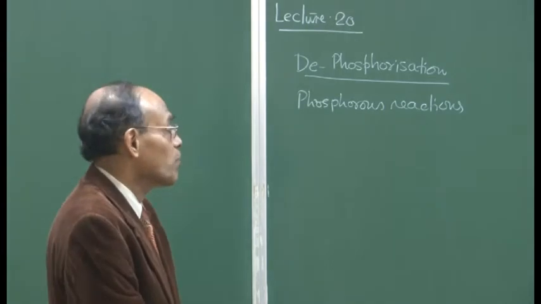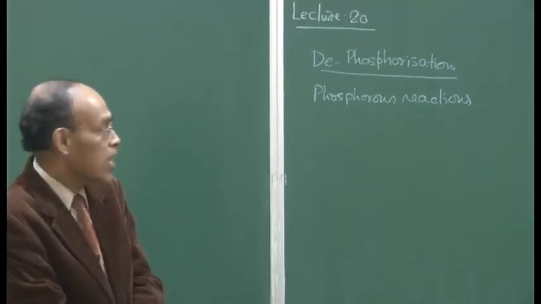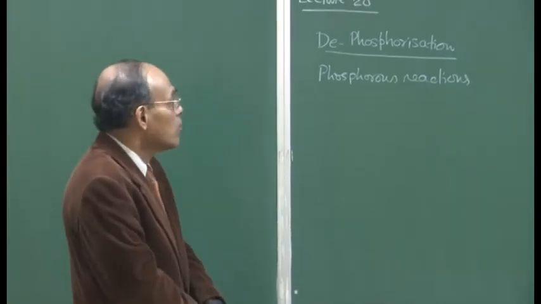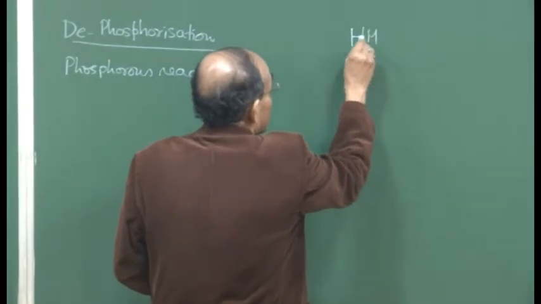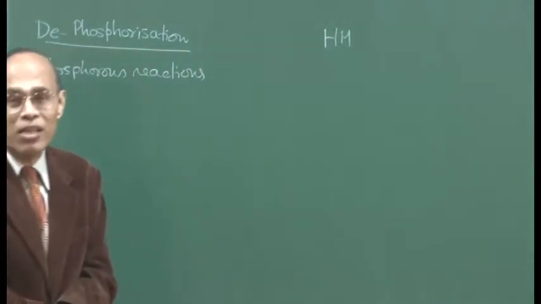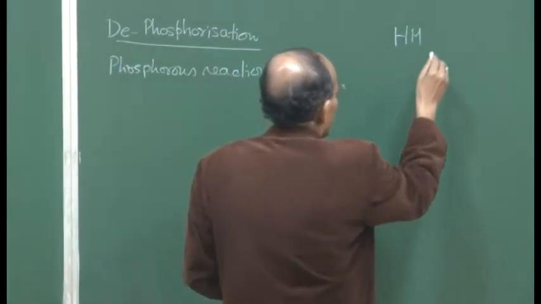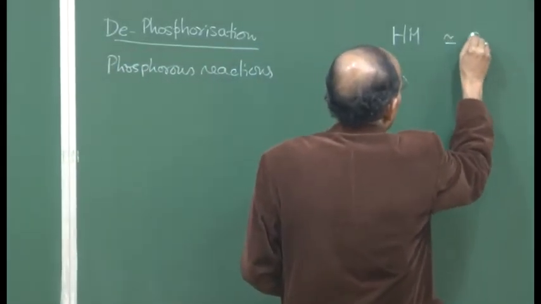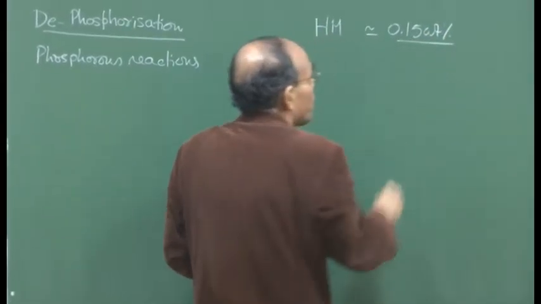Therefore, the hot metal will contain perhaps every bit of phosphorus that is there in the charged material. Depending on the ore chemistry, whether you are using a high phosphorus grade iron ore or a low phosphorus grade, blast furnace hot metal typically would contain 0.5 weight percentage or 0.1 weight percentage of phosphorus.